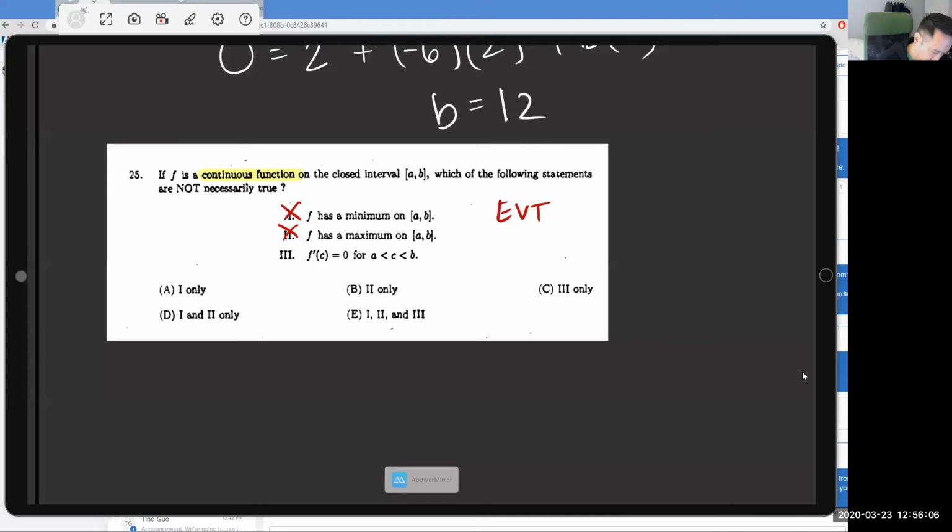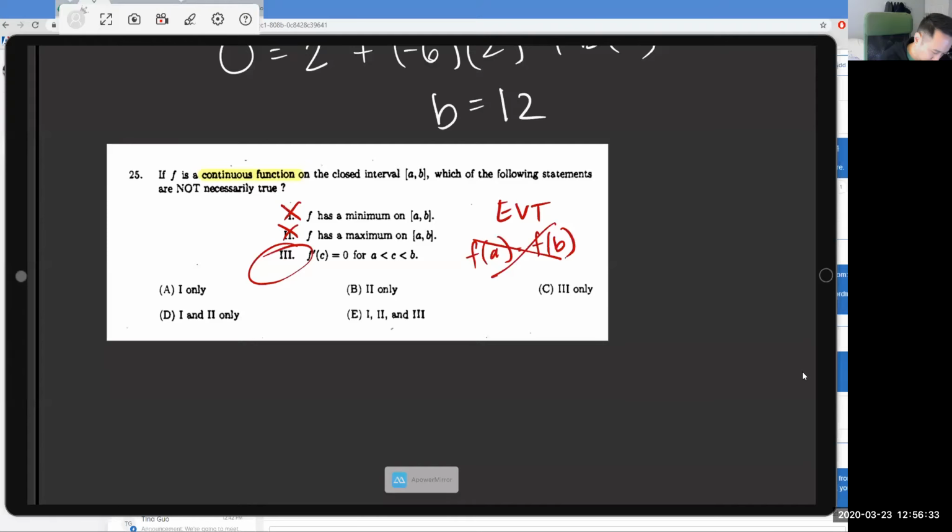That's only true as long as they gave us something like f of a equals f of b, which they did not. They only said continuous on the closed interval. That's the only information about f they gave us. So this is not necessarily true, which means I don't have to have a slope of 0 at any value between a and b.